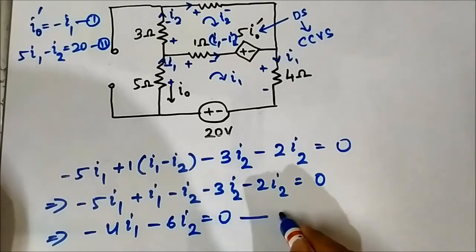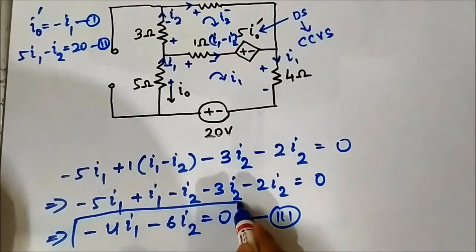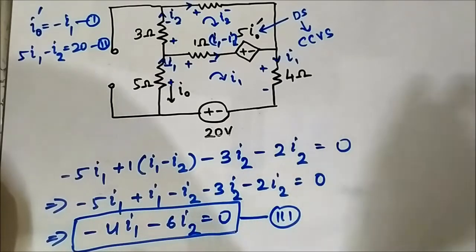So this is the third important equation: minus 4 I1 minus 6 I2 equals 0.